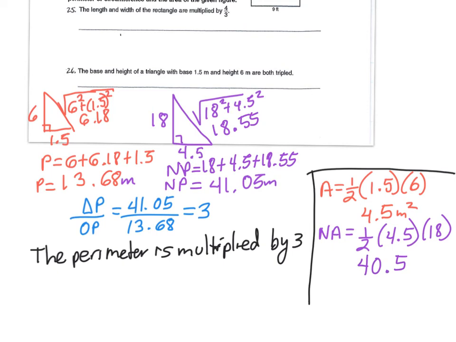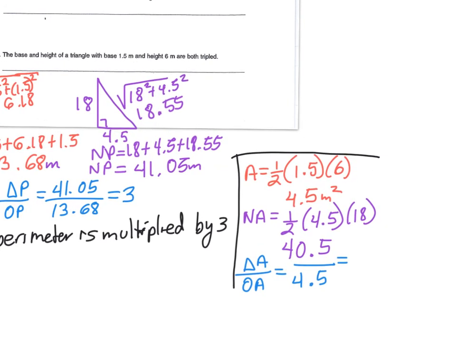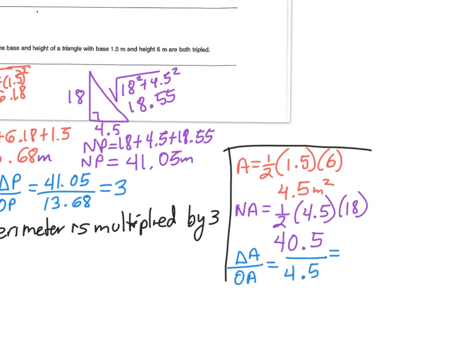And then when you compare those two, you're going to put the change on top, so the changed area over the original area. That is 40.5 divided by 4.5. And that is equal to 9.